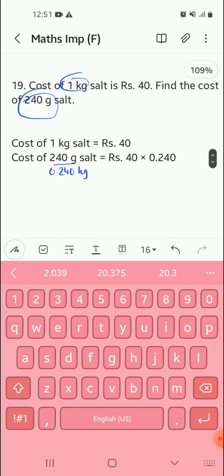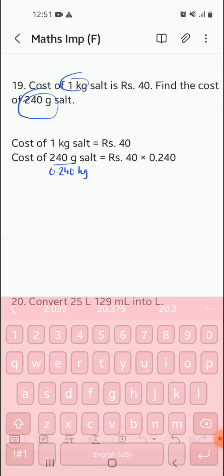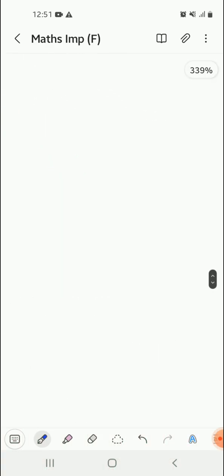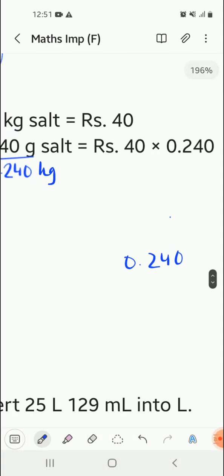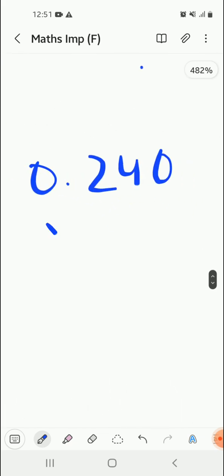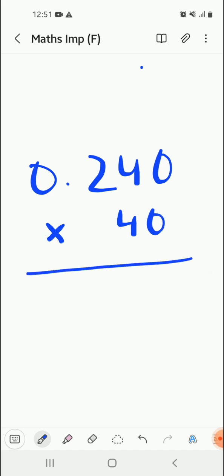Okay, so we'll simply multiply it. 0.240 into 40, right? So right now let's multiply.